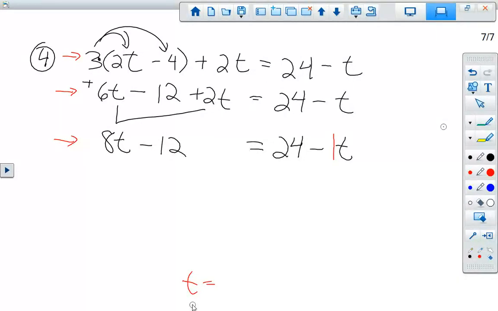I would like you to get used to pulling the t to the left. So what would it take? Add what? Add 1t. Yep, I need to add that 1t. So this disappears from the right side, but if I do that to one side, I do that to the other. So I keep it balanced. I keep it equivalent.